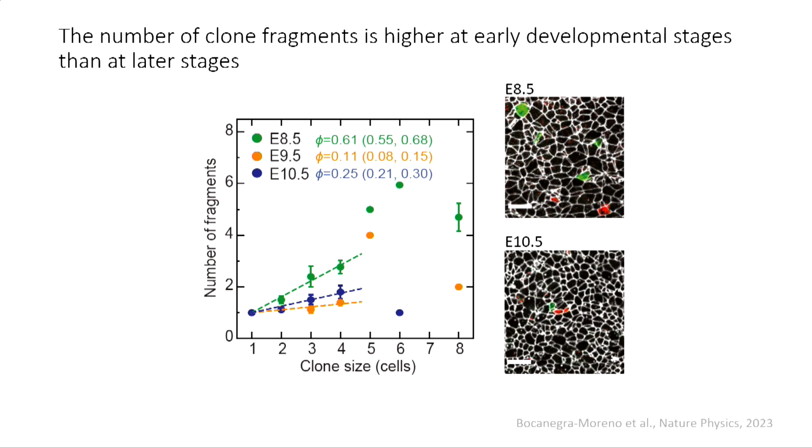Then this is one fragment. If they detach, then these are two fragments. So you can imagine that for, let's say, clone size 4, you could either have one cluster of cells, no fragments, or every cell being separate. Then it's 4 fragments. And then we quantify it with the fragmentation index, and this is a measure that I use to quantify fragmentation.